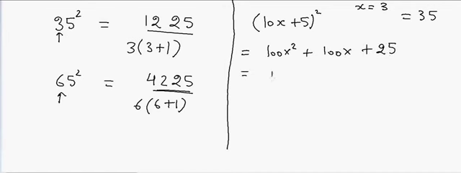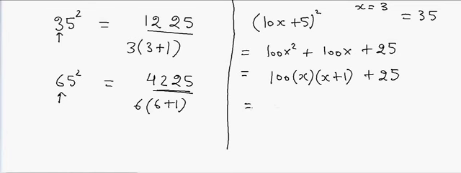If we solve this, that will be equal to 100 into x into x plus 1, plus 25. As you can see, we are taking the first digit, multiplying it by its increment, multiplying by 100, and then adding 25.